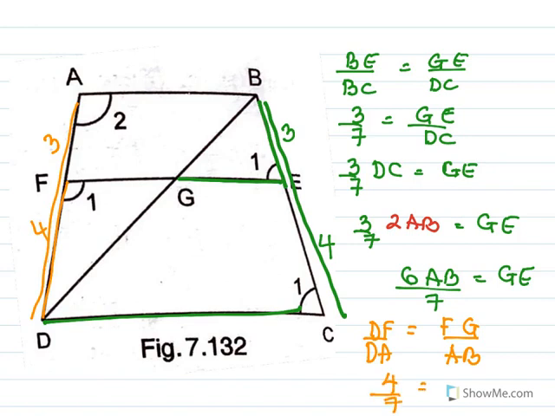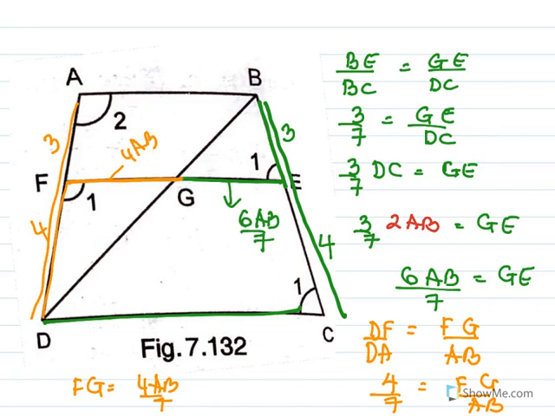So we got 4 over 7 equal to FG over AB. And then we found FG as 4AB over 7. So this was 6AB over 7, and on this side here this was 4AB over 7. Then we added it up.